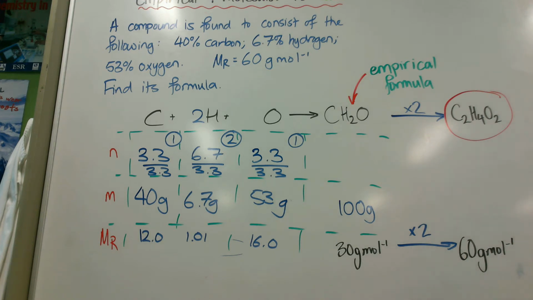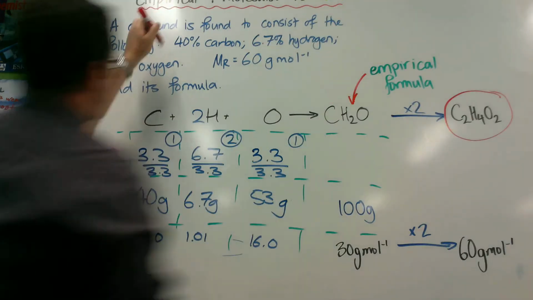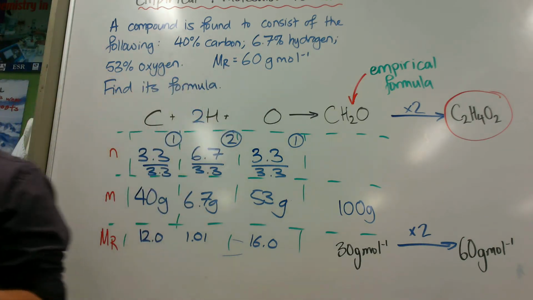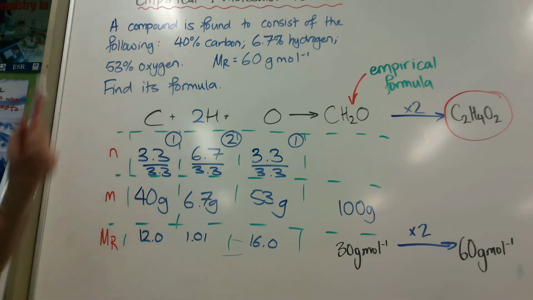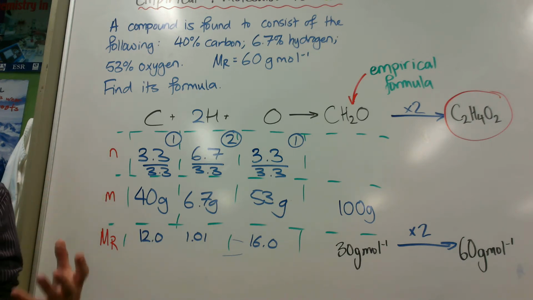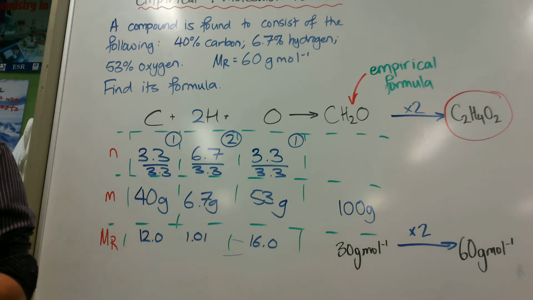So let's just go through that process again really quickly. First of all, we laid out the elements that are involved across the top like a table. We put mass, moles, and ratio down the side here, and we turned the percentages into grams, assuming that they will add up to 100 grams. So we've made an assumption. Let's assume we have 100 grams of our stuff that has been analysed.